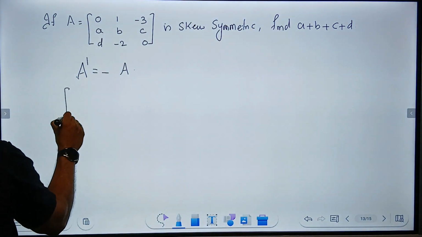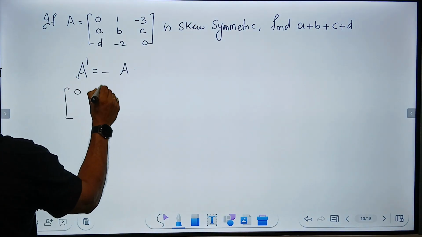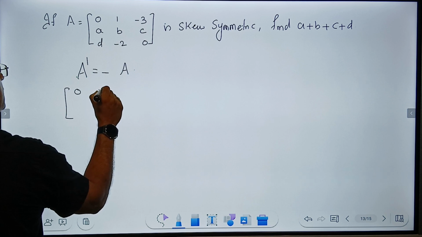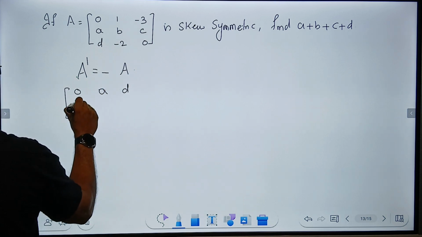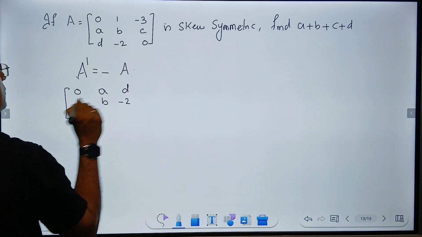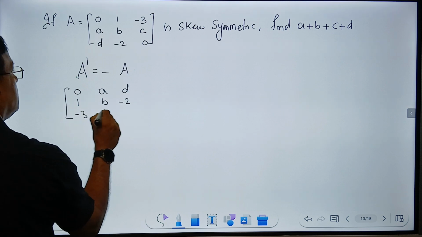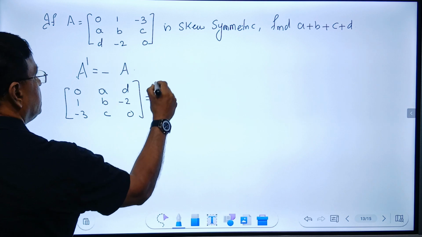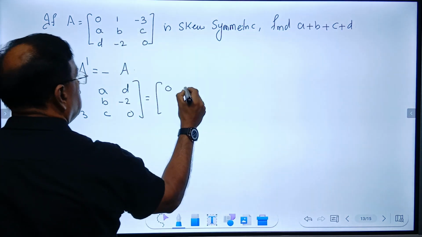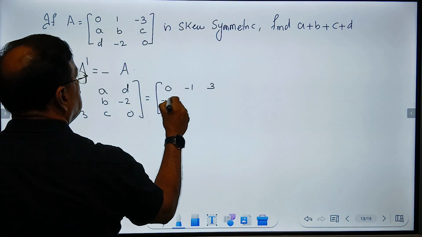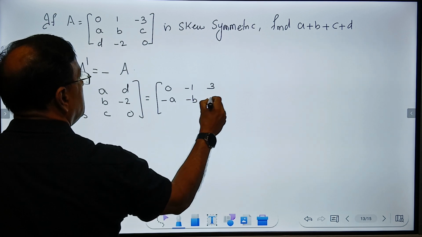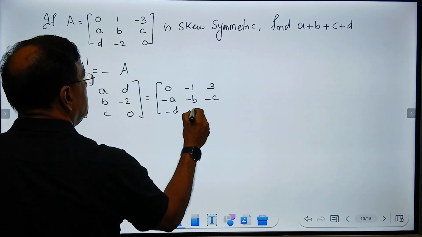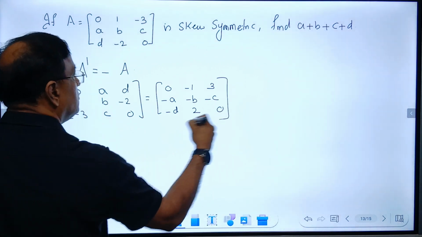So what is A transpose? 0, 1, 0, a, d, 1, b, minus 2, minus 3, c, 0, equal to minus A. What is minus A? 0, minus 1, 3, minus a, minus b, minus c, minus d, 2 and 0.